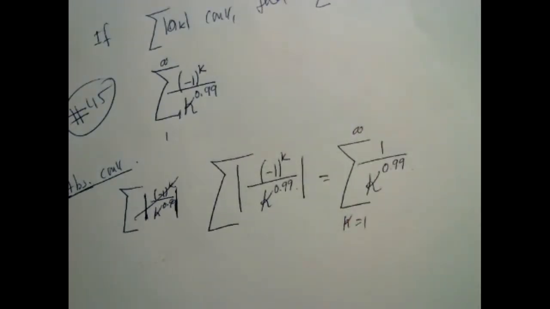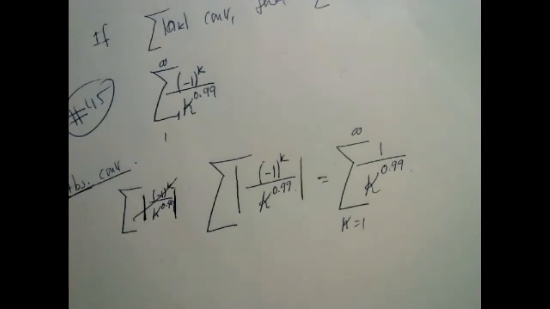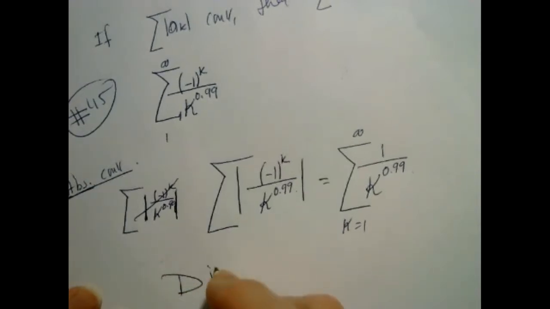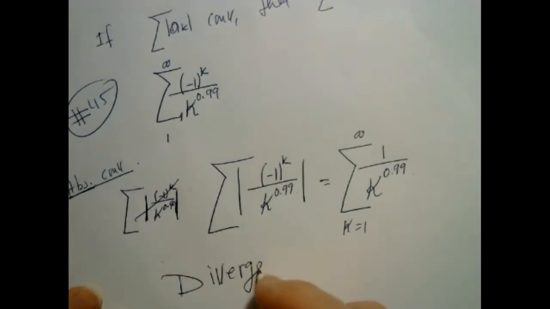And now the question is the following: does the series converge or diverge? It's not hard. Just look at it for a second. What type of series is that? Diverges by which series?